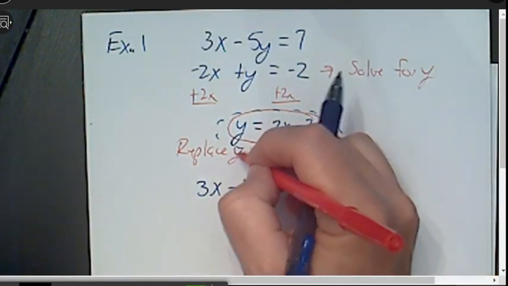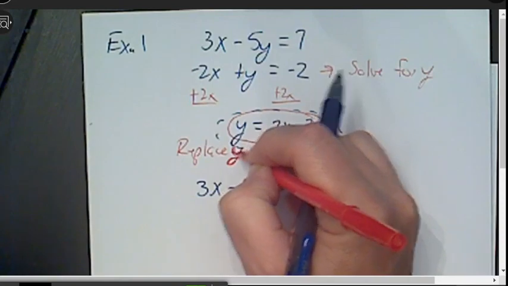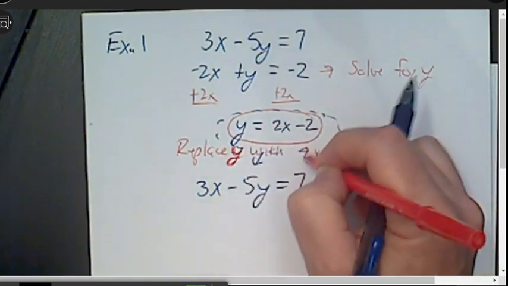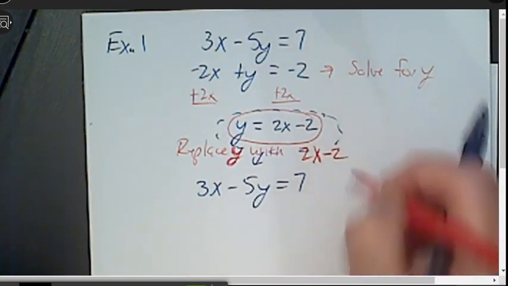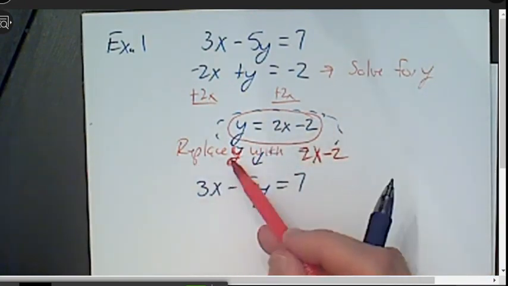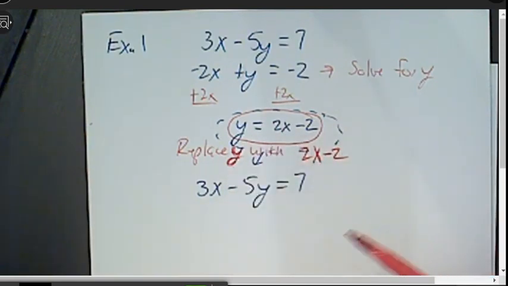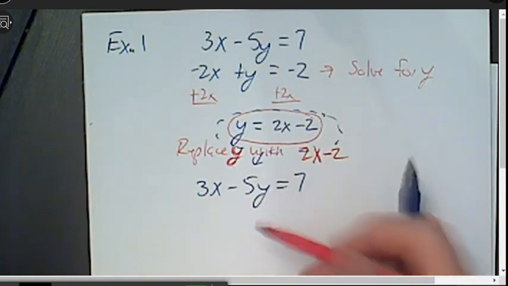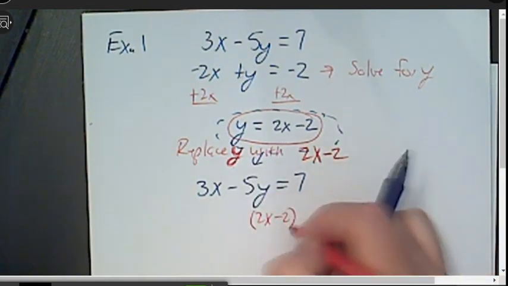For some people, this has seemed to always work, and it's something really small: if you write down that one little statement, that you're going to take out the y equals, and just say replace y with 2x minus 2, because y and 2x minus 2 are basically interchangeable. So now down here where you have a y, you're going to take out this y and replace it with 2x minus 2.